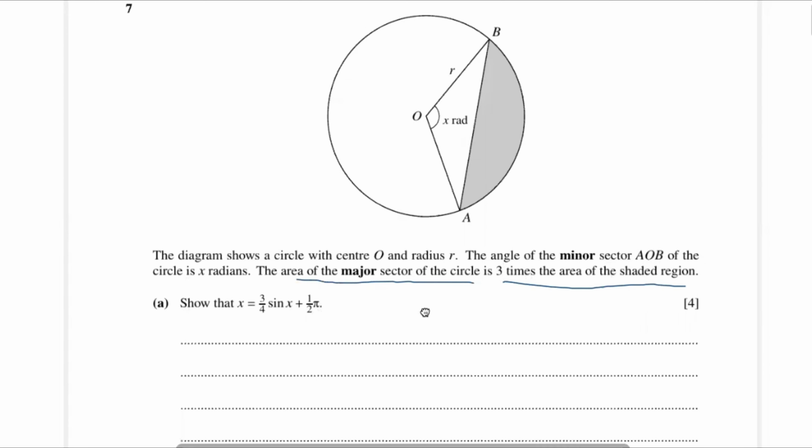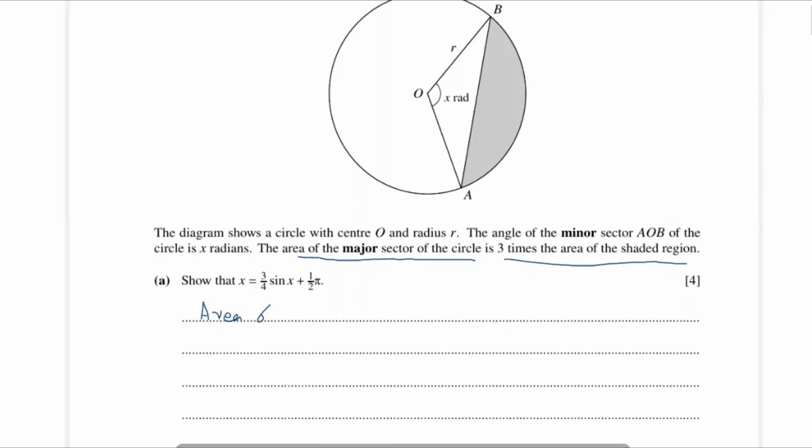Now you see here the area of the major sector will be equal to 1 over 2 r square theta. Here r is the radius. Now theta will be the angle 2 pi minus x, where x is in radians. The major sector angle will be 2 pi minus x.